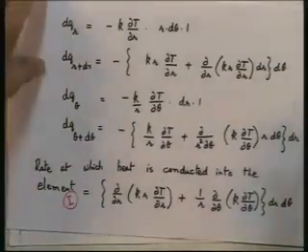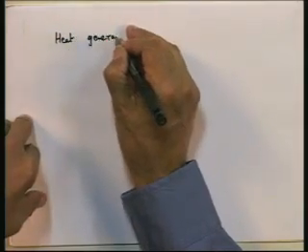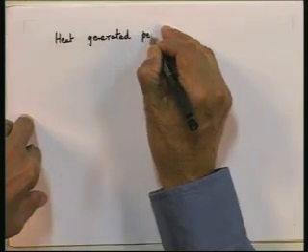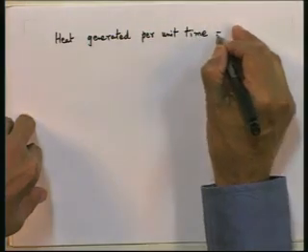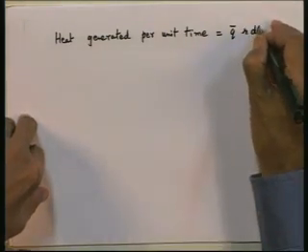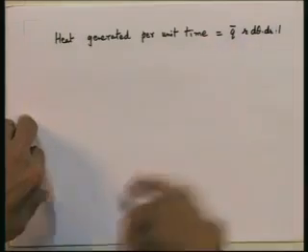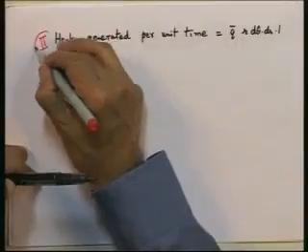Now, in the same way, the quantity 2, that is rate of heat generation in the element, heat generated per unit time will be equal to q bar multiplied by the volume of the element r d theta dr into 1, and this would be the term 2.